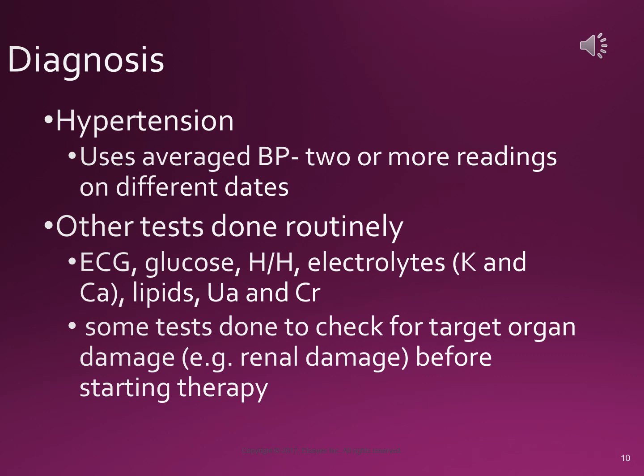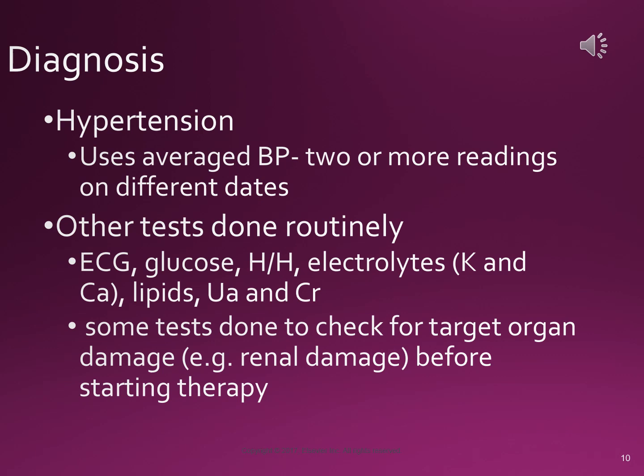So it's good to have a number of readings in a number of different settings, at rest, activity, that sort of stuff, to be able to compare and see what the person's like over the course of a number of days. Then there are other tests that they do routinely, an ECG, blood sugar, H&H, electrolytes, specifically potassium and calcium. They, of course, look at lipids.